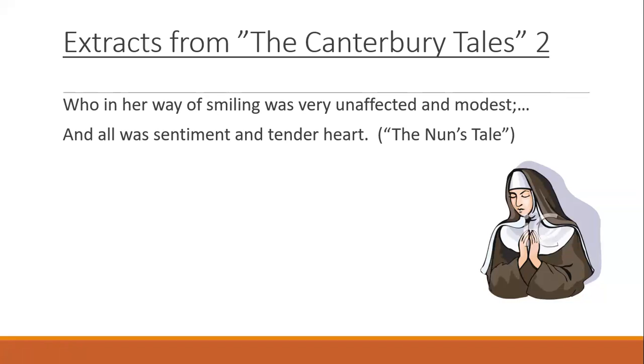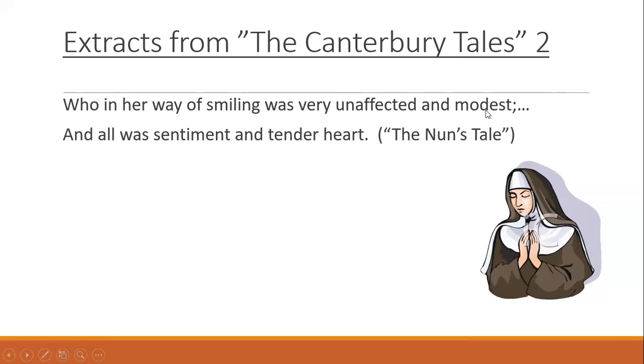So just like the idea of the philosopher, where Chaucer says something but he means something else, it's the same thing here. The nun is supposed to be dedicated to church, but no, she cares about her emotions more. And this is the other irony here. Irony is that the poet says something but he means something else.